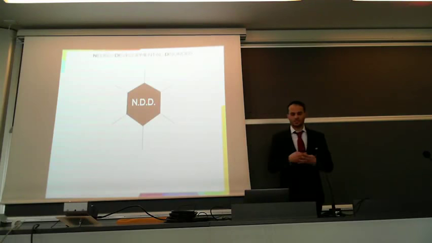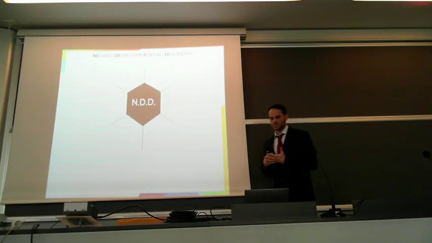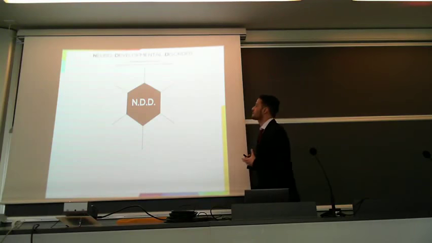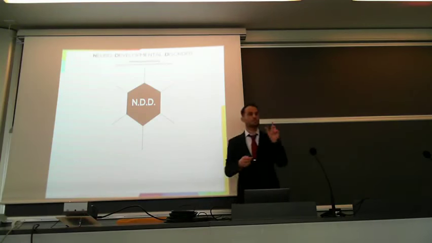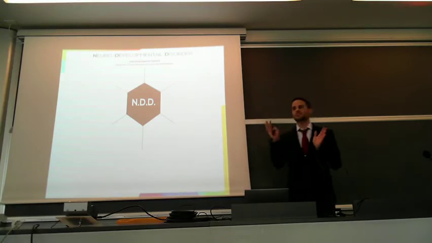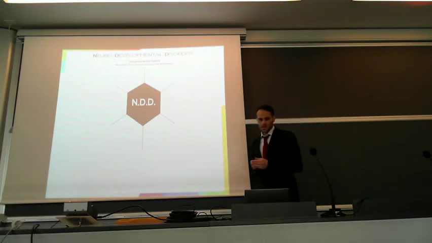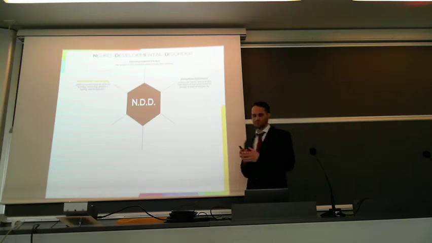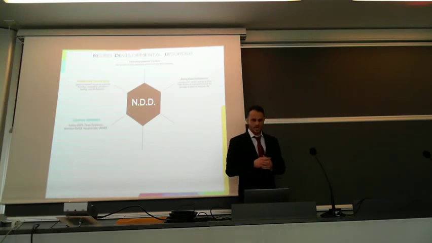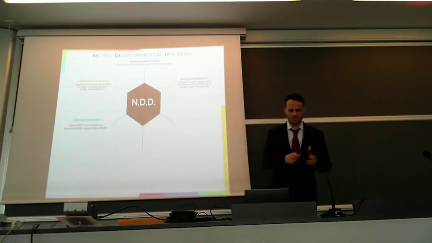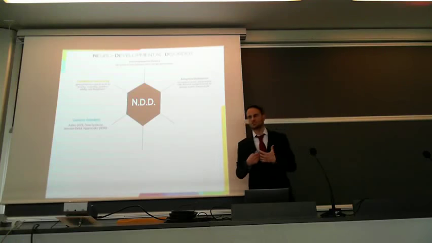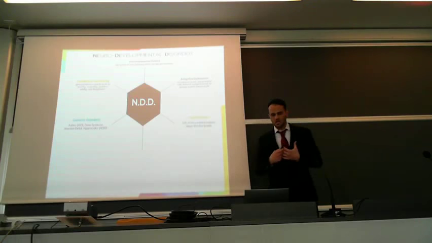I will focus on neurodevelopmental disorder. Neurodevelopmental disorder is a group of conditions with onset in the developmental period, which is the period between 0 and 18, generally considered. And they produce impairments in intellectual functioning and adaptive behavior. The common disorders are autism spectrum disorder, Down syndrome, and attention deficit hyperactivity disorders.